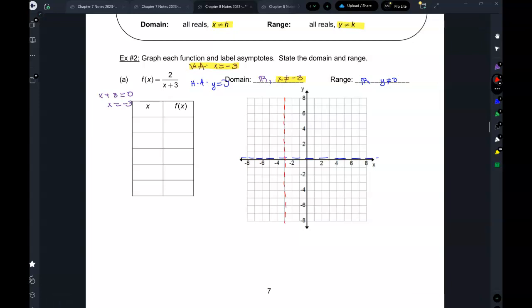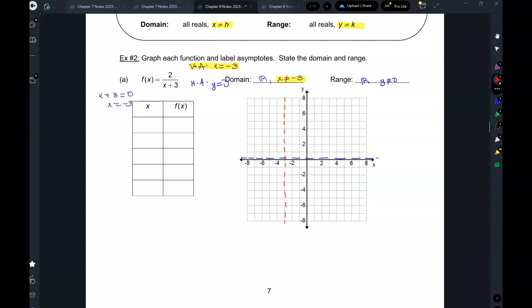Okay, now, how do we know what numbers to plug in? Basically, go to your vertical asymptote, x equals negative 3. Remember how for the parabolas we would go to the axis of symmetry and pick points from either side? Same situation.